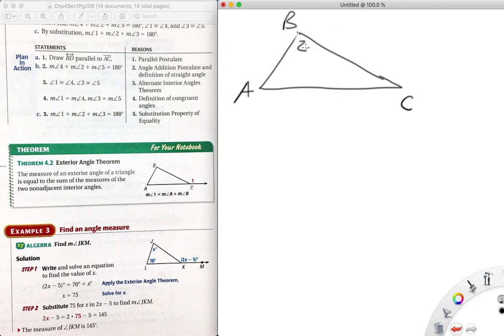Let's go angle 2, angle 3. We have an exterior angle out this way, and let's call that angle 1. So this is what the exterior angle theorem says.